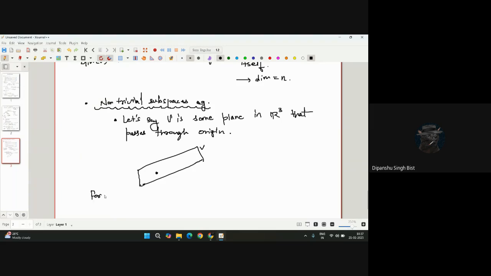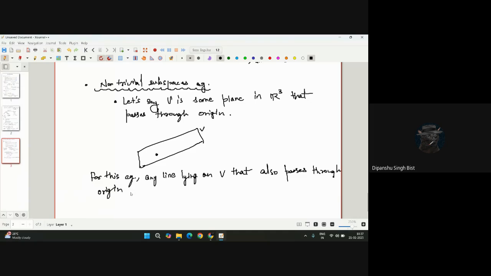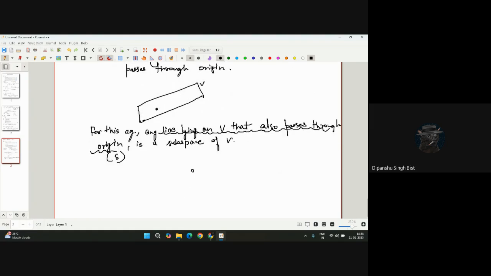Correct. So for this example, any line lying on V that also passes through origin is a subspace of V. If I call this space S, any line lying on V that also passes through origin, I'm calling it my S. You see the dimension of V that I assumed was 2 in this case because it's a plane.